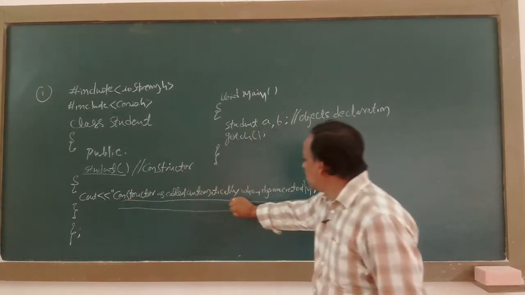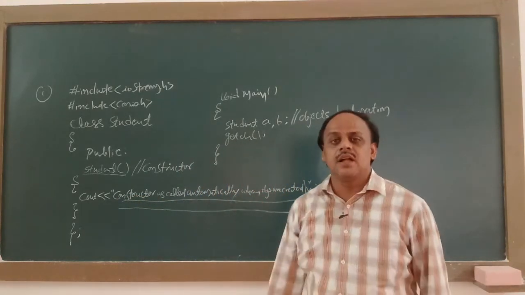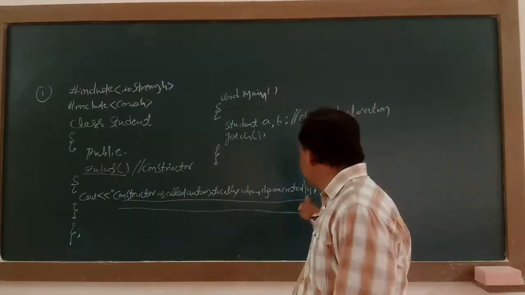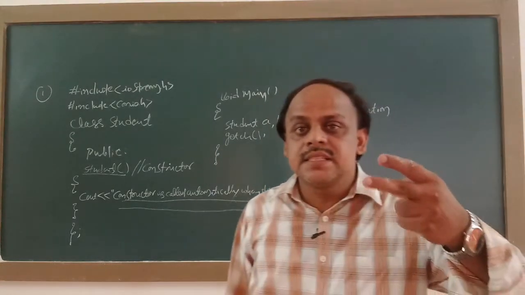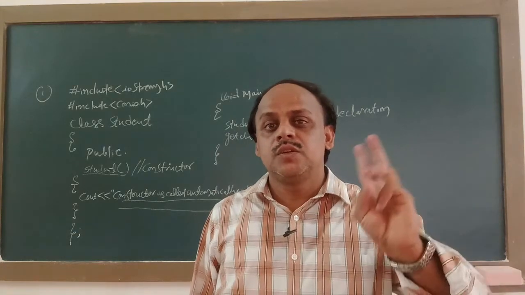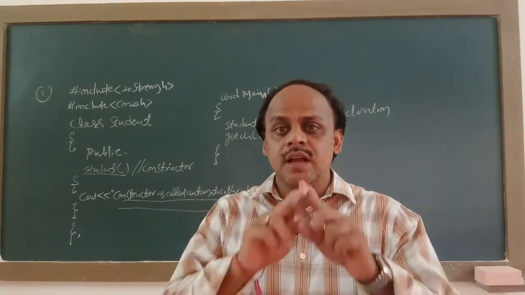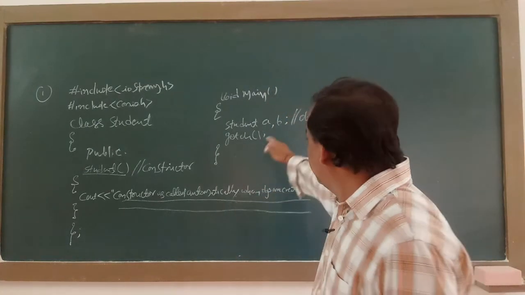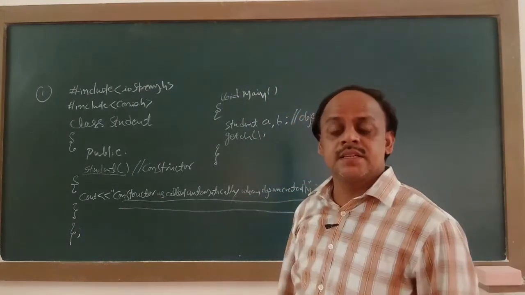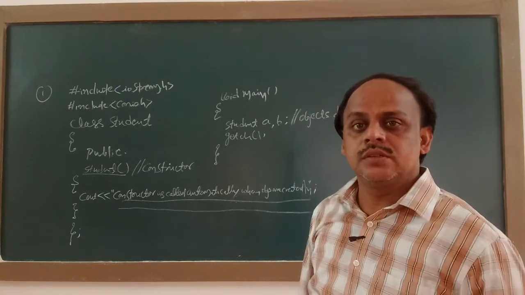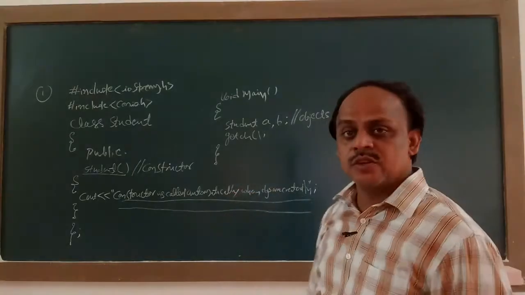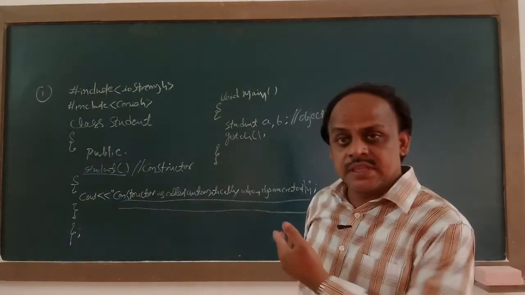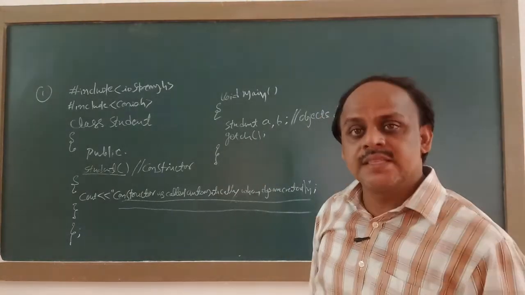So here backslash n is there, therefore we get the same sentence twice on the output screen, right? So depending on the number of objects it executes. Only A is there means it executes only once. Two objects are there means the sentence is printed twice.